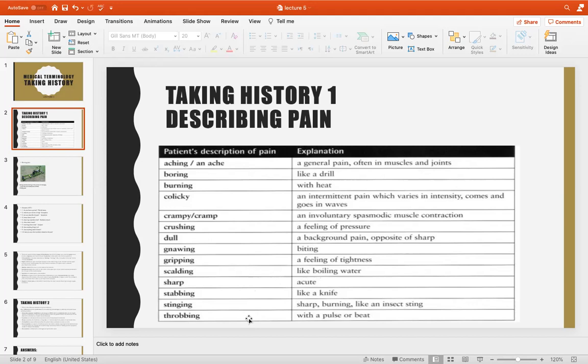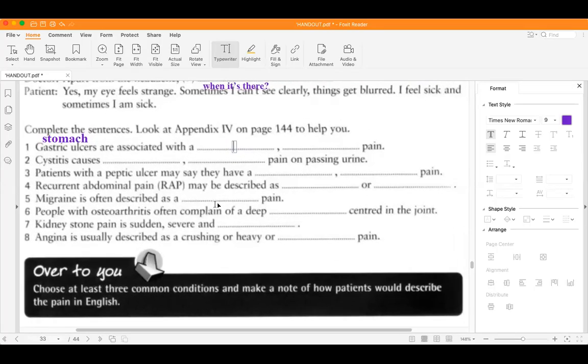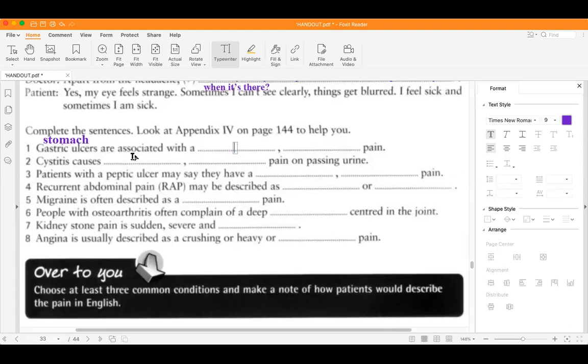And we have throbbing, that has a pulse sensation. All right, so let's use these adjectives in order to answer this part. Gastric ulcers are associated with, we can say, for example, gnawing and burning pain.